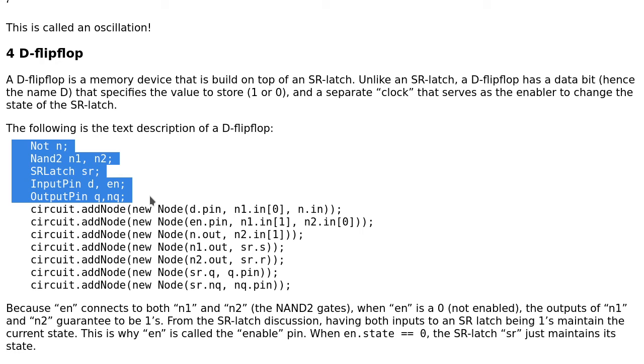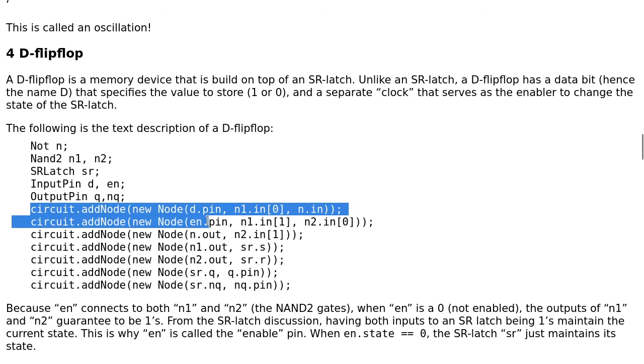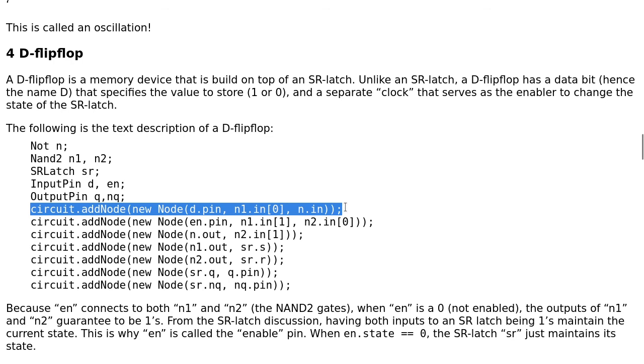The rest of the description is telling you how we make connections between the components. So I'm going to pick one as an example. This here is basically saying, let's make some connections. What connections are we making? We are looking at n.in. N itself is a NOT gate, has one single input.